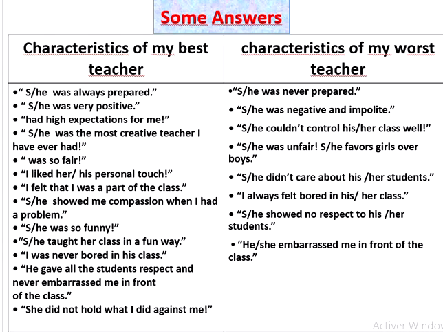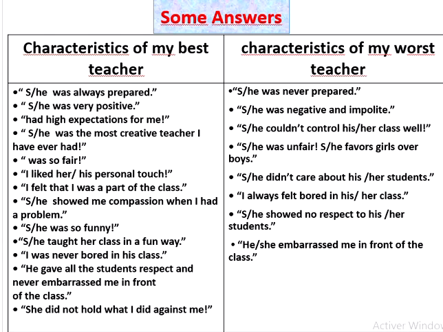I liked his personal touch, I felt that I was a part of the class, he showed me compassion when I had a problem, he was so funny, he taught his class in a fun way, I was never bored in his class. He gave all the students respect and never embarrassed me in front of the class. He did not hold what I did against me.